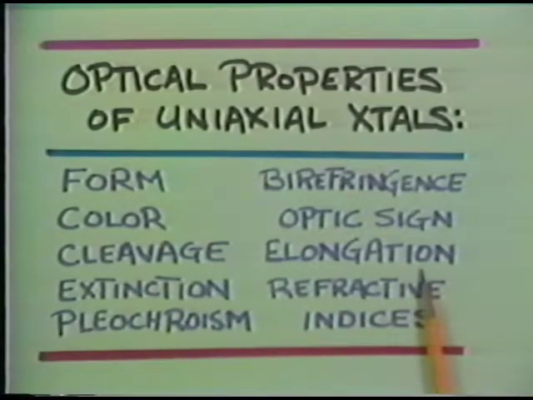If the mineral grain is elongated, does the slow direction correspond to the direction of elongation? There's a possibility then of different elongations occurring for uniaxial minerals. And finally, the thing we talked about today, and the most diagnostic criteria, are the refractive indices epsilon and omega that apply to uniaxial crystals.